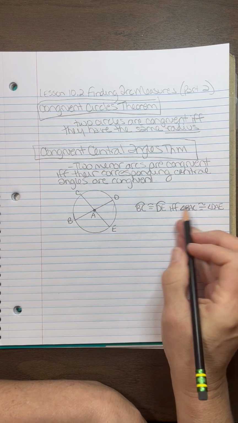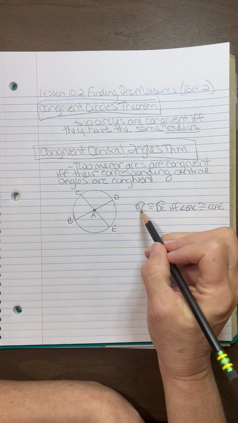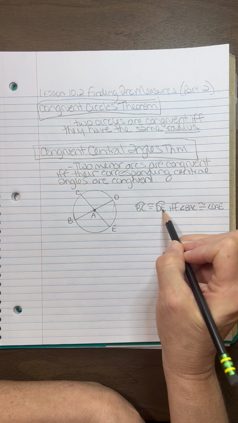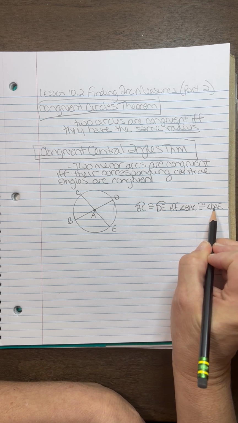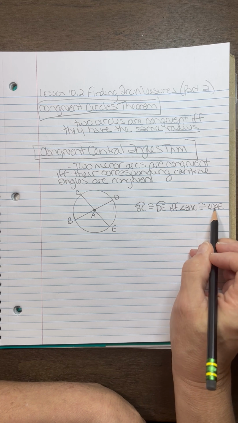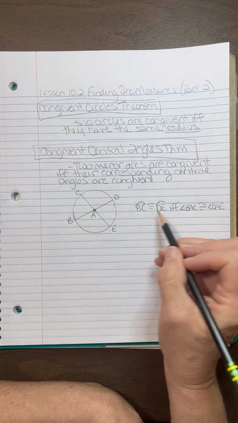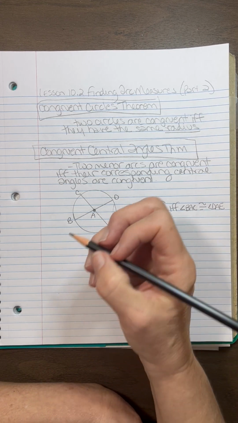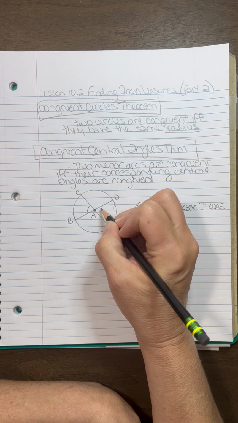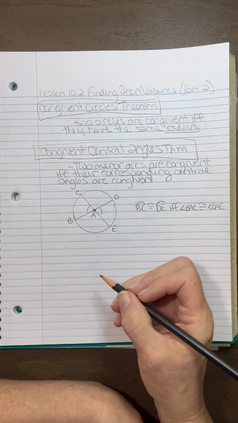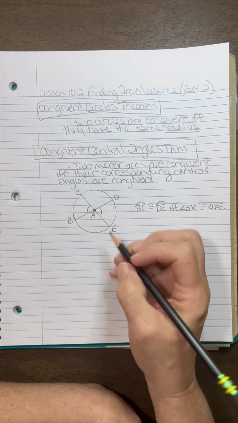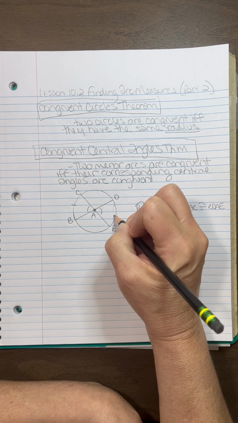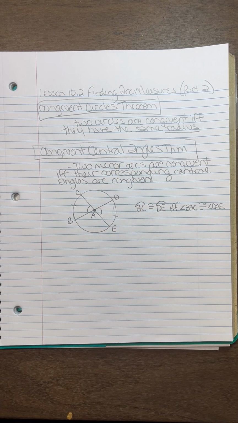Okay, so again, it can go both ways. If you know the two arcs are congruent to each other, you can assume the two central angles are congruent. If you know the two central angles are congruent, you can assume the two arcs are congruent. Now in this case, these are vertical angles, so we know for sure they have to be congruent, which means the two arcs have to be congruent too.